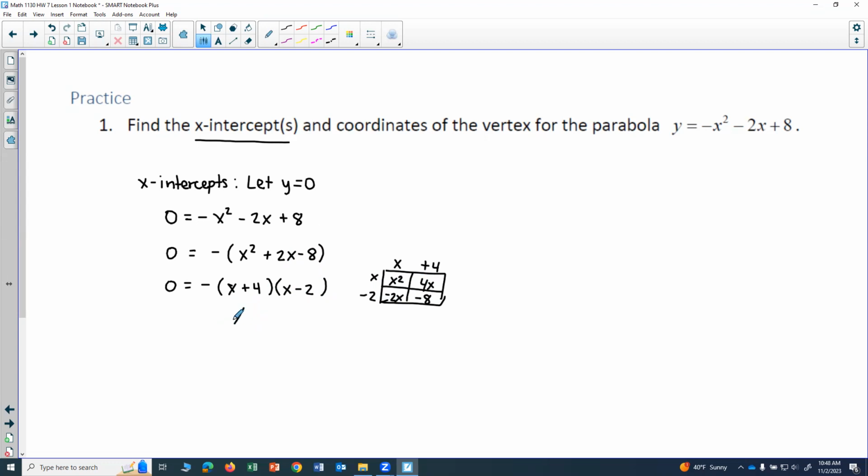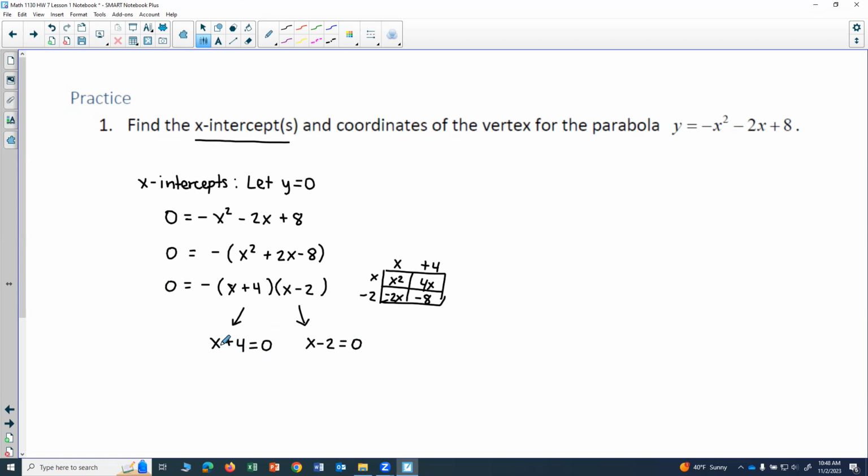So now I use the zero factor property that says if I have two things multiplied together, then I can set the first one equal to 0. And this only works if your equation equals 0, which it does in this case. So I'll have x plus 4 equals 0 and x minus 2 equals 0.